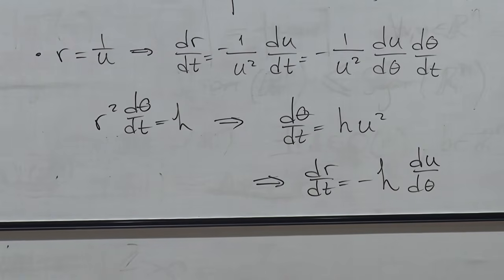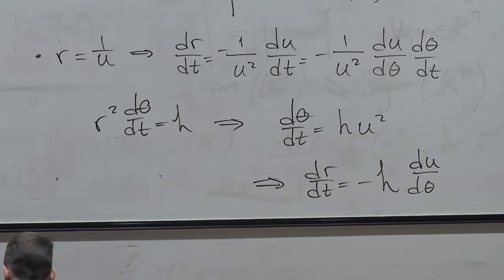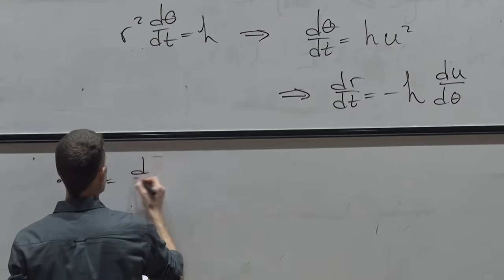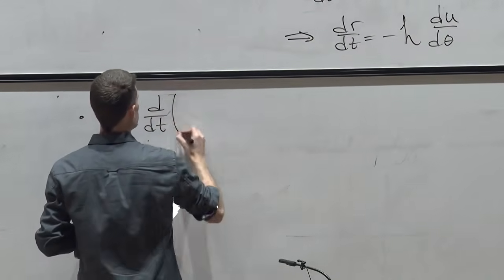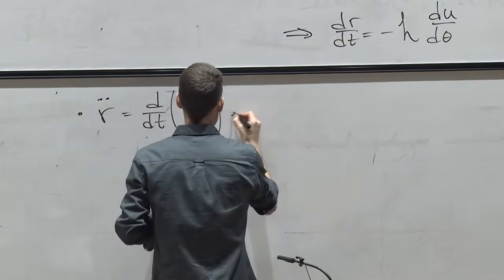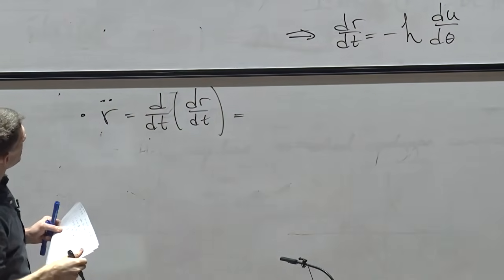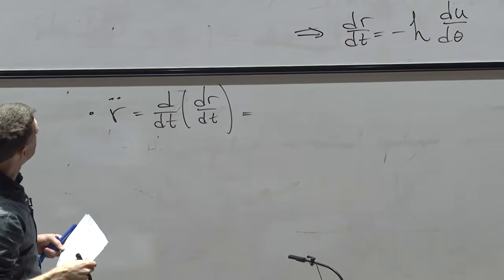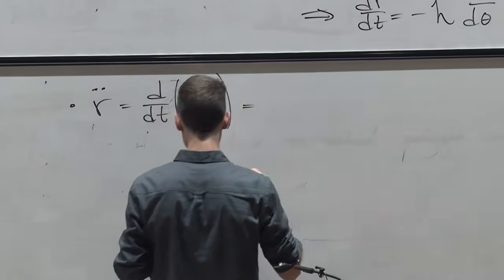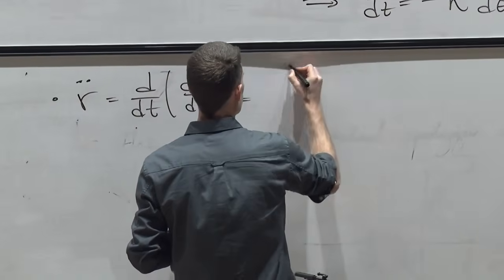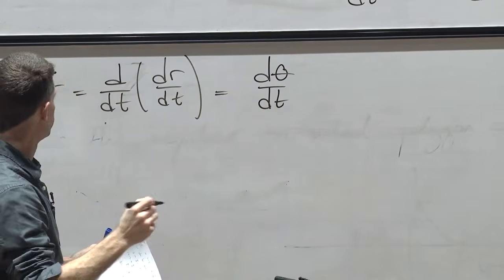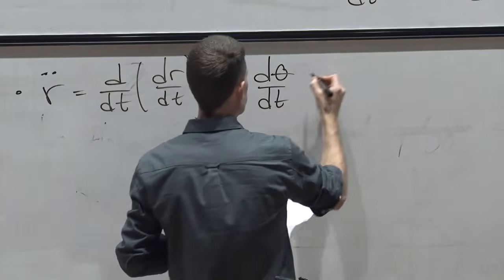With me? Now we need to go to the second derivative, r dot dot. That's d dt of dr dt. And as we've just worked out, when I take a d dt, I pick up this d theta dt factor. So I'm going to write d dt as d theta dt times d d theta.